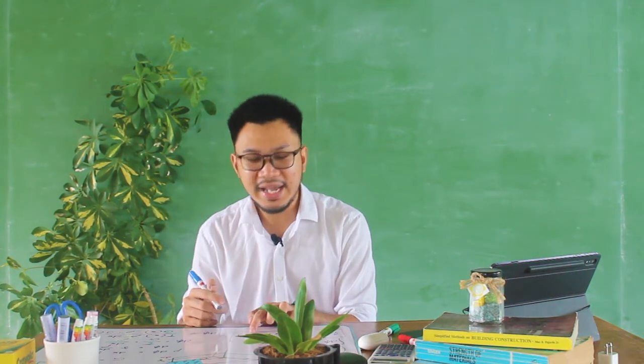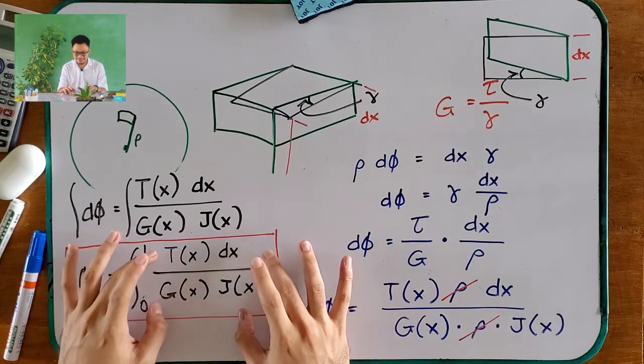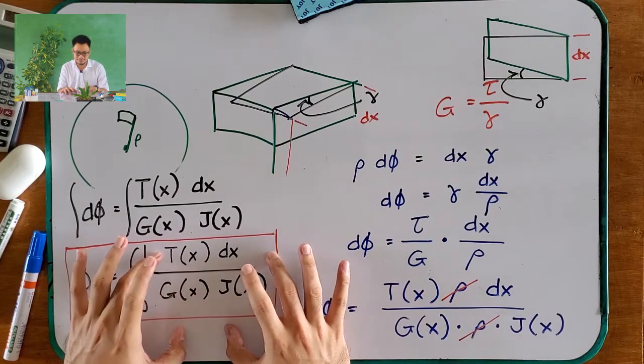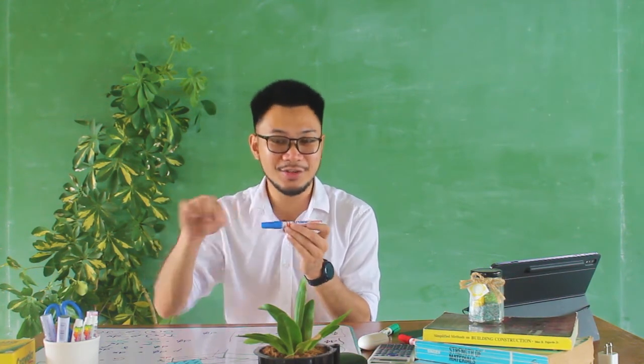Mao nang G is a function of x. And kaning atong J of x, your polar moment of inertia as a function of x. So, ang atong polar moment of inertia naglahi-lahi daw siya as a function of x. Okay? But this case is not very usual. Kay magvary ang atong torque, magvary ang atong modulus of rigidity, ug magvary ang atong polar moment of inertia along sa length sa atong shaft, which is dili na siya common.